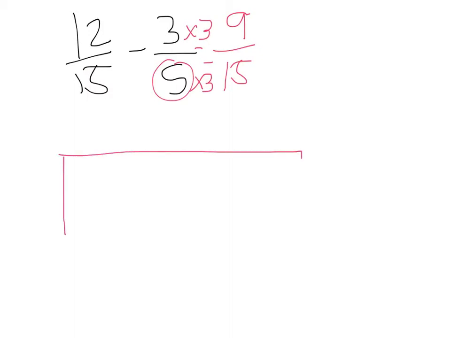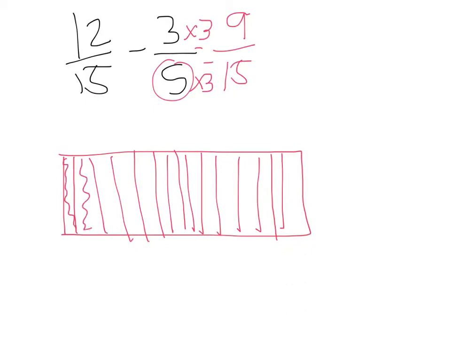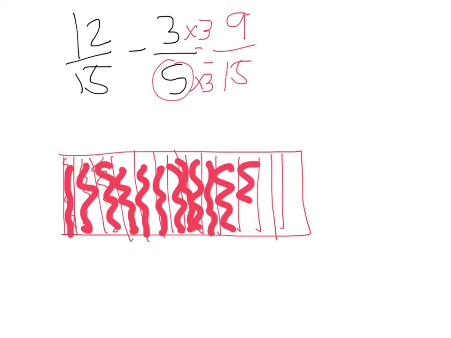So we have to model it. 1, 2, 3, 4, 5, 6, 7, 8, 9, 10, 11, 12, 13, 14, 15. Okay, so we have 15 there. Now we need to shade in our original 12. So that's 1, 2, 3, 4, 5, 6, 7, 8, 9, 10, 11, 12.